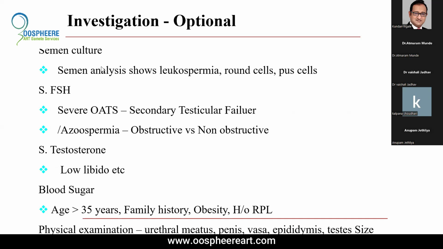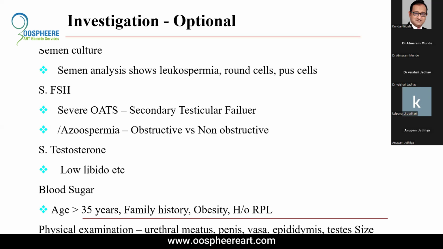Semen culture only if you find there are lots of round cells or pus cells which your analysis has shown. FSH in severe OATS, that is, count less than 5 million or especially less than 1 million, to diagnose secondary testicular failure. Secondary testicular failure means the man previously may have had a good count and normal FSH, but over a period of time he's going down.